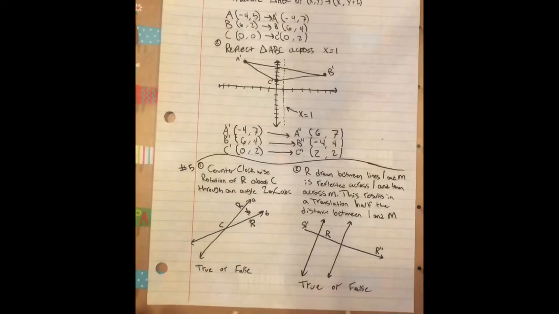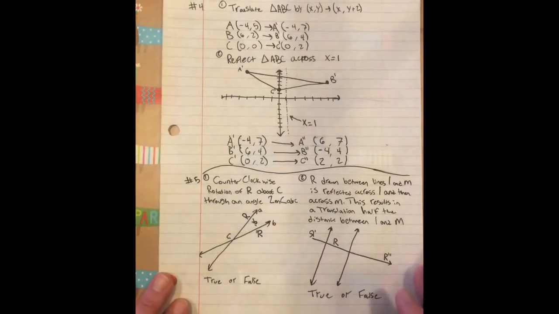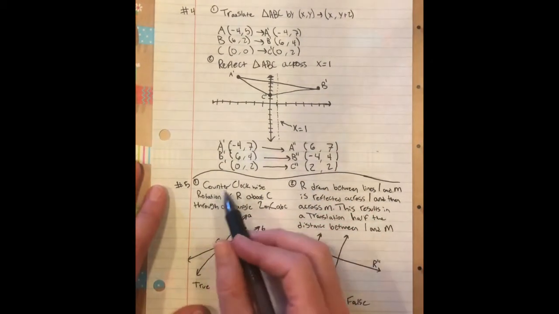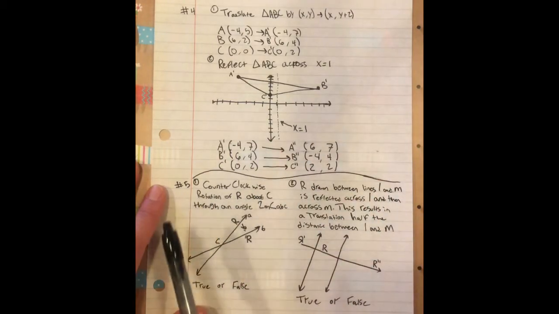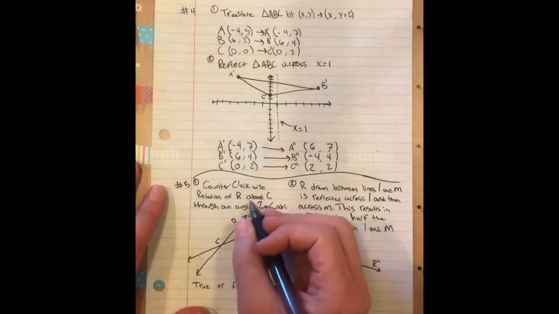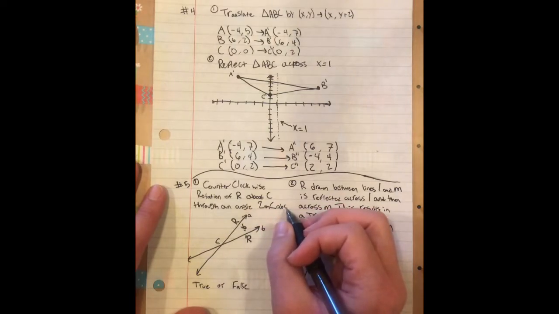This is a two-part problem, and both are true or false answers. So they're both definition problems, so let's read through them. Counterclockwise rotation of R, so counterclockwise, about point C through the angle 2 times the measurement of angle ABC.